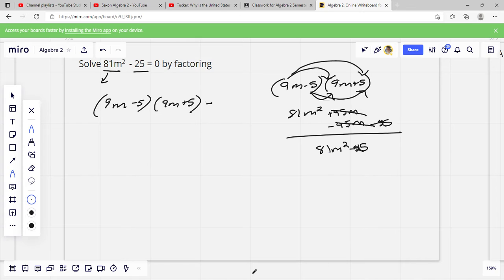Now that's equal to 0. So we have to set each of these equal to 0. Plus 5, plus 5. We're going to get 9m equals 5. And then we divide by 9, and we get m equals 5 over 9. We did this one.